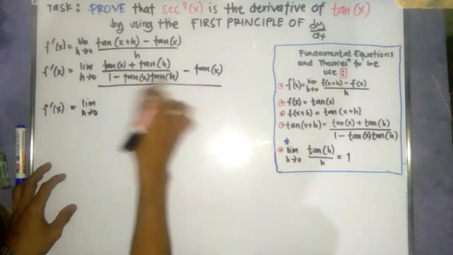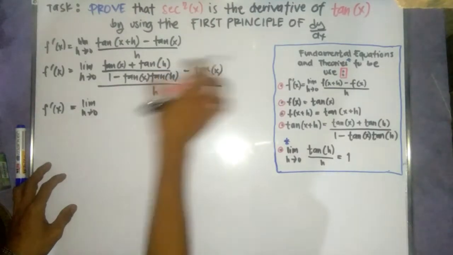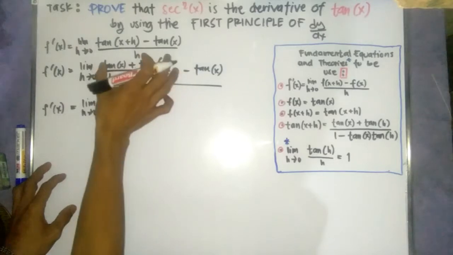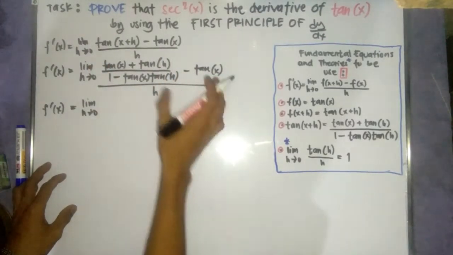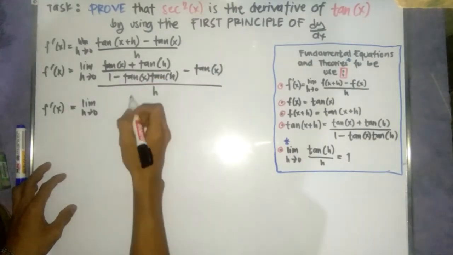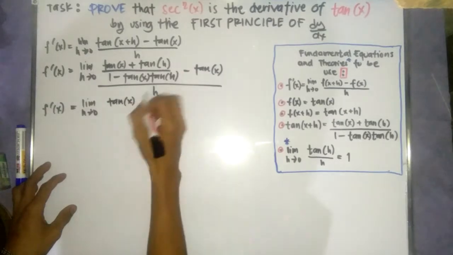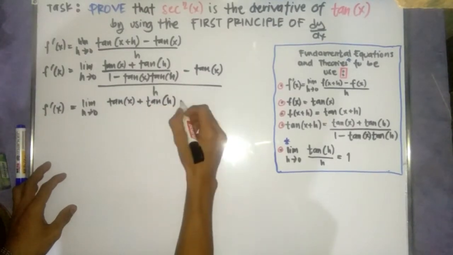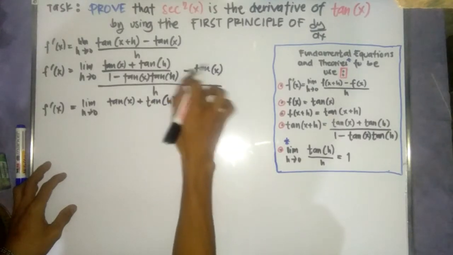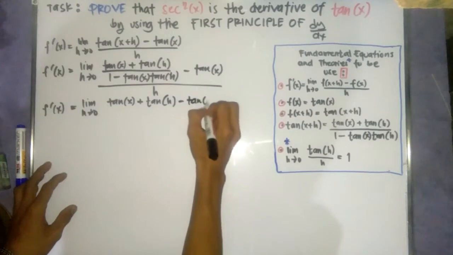Ito, i-multiply natin itong quantity ng dalawa, isusubtract natin dito sa numerator, okay? At saka makukuha natin doon yung common denominator. So, tangent x plus tangent h minus, diretso, negative tangent x multiplied to 1 is negative tangent x.